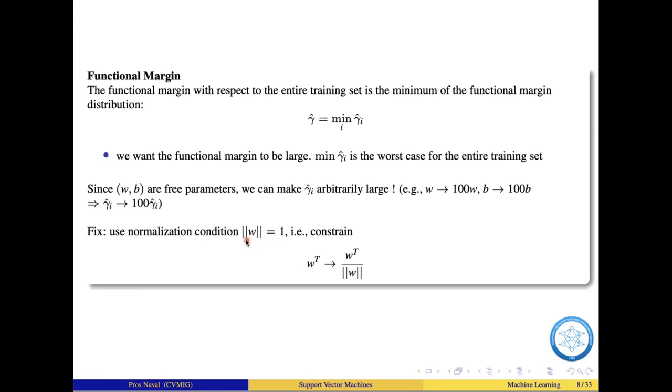This is a hypersphere of unit radius in some high dimensional space. So we are basically saying that our W must be a point in a hypersphere whose radius is 1. So it's called a unit ball.